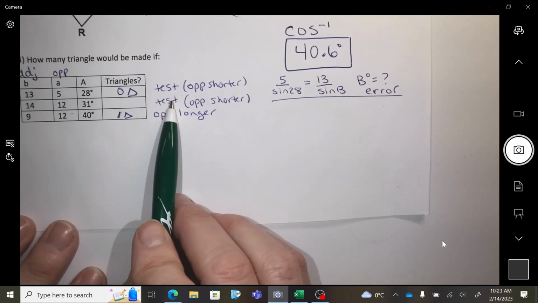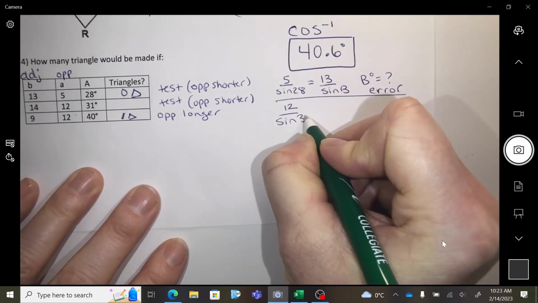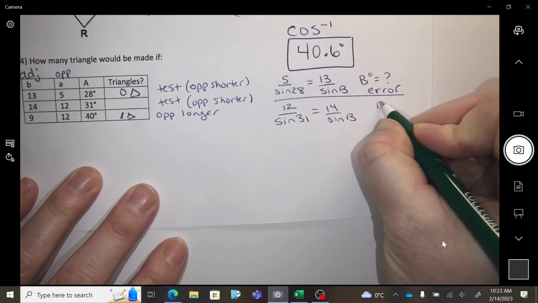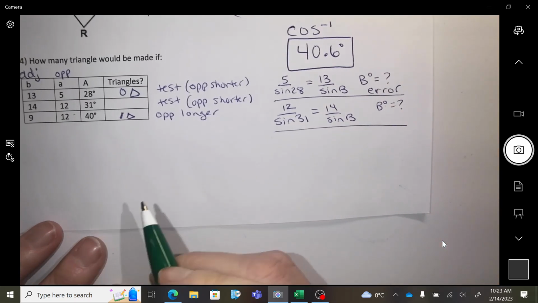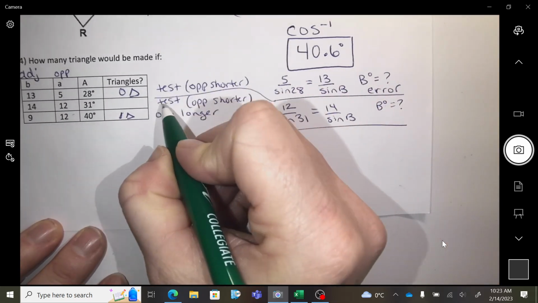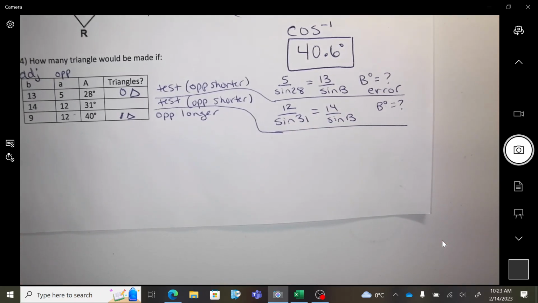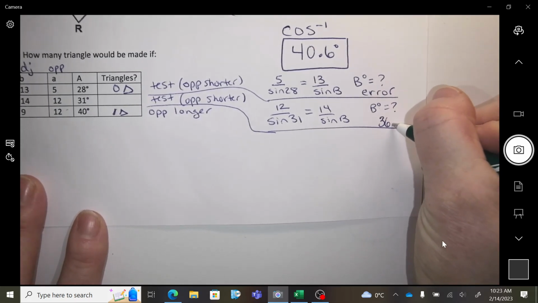This one is shorter, so I have to test. So 12 over sine 31. Number or an error? 36.9.